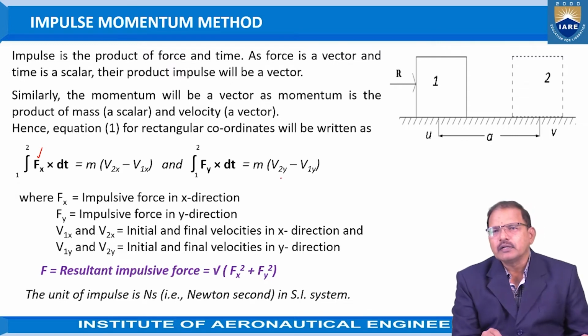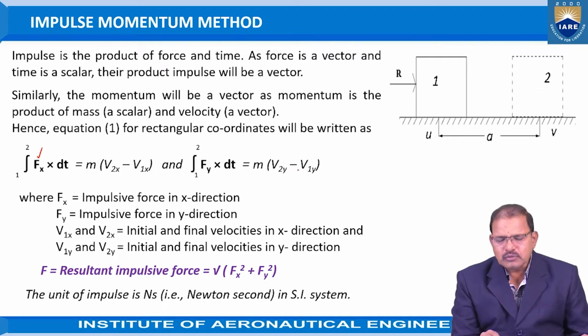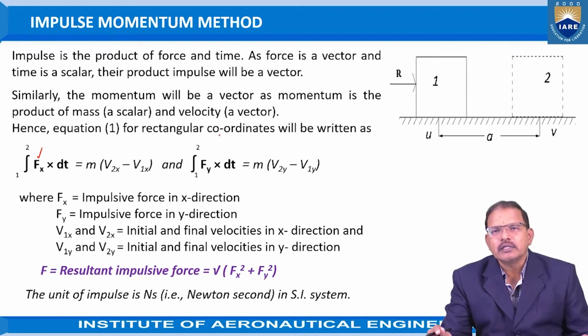Similarly, v2y represents the final velocity in the y direction, and v1y represents the initial velocity in the y direction. The change in momentum should be equal to the product of the component of force acting in the y direction multiplied by the time dt.